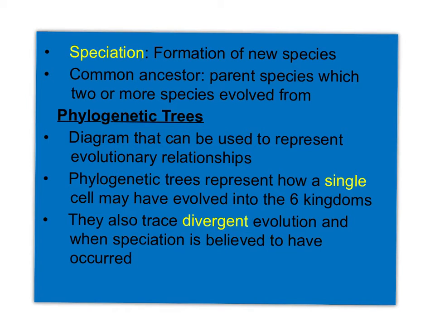These are just a diagram that can be used to represent evolutionary relationships. So what they do is they can show how one single cell evolved into all the kingdoms we have today. Another thing they can do is trace how divergent evolution occurred and at what point they believe speciation occurs to create a new species.